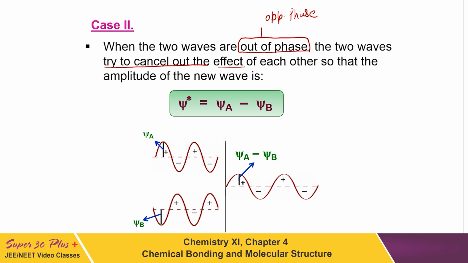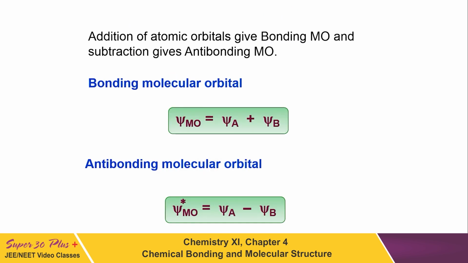The resultant wave definitely has lower amplitude than either of the two waves, A and B. In the in-phase case, the amplitude was greater than A or B, but now it is lesser than A and B because of the difference of the wave functions between A and B. Electron density also reduces in this case.